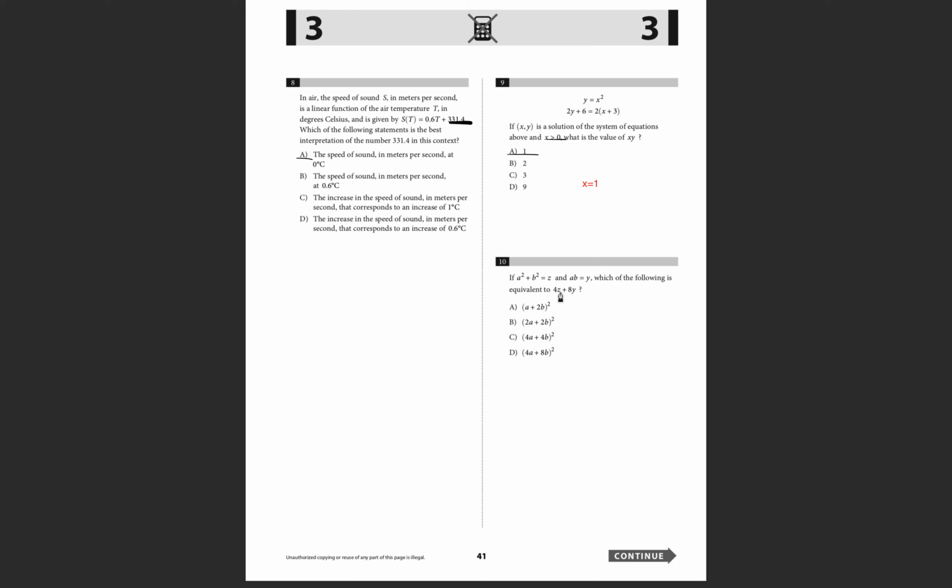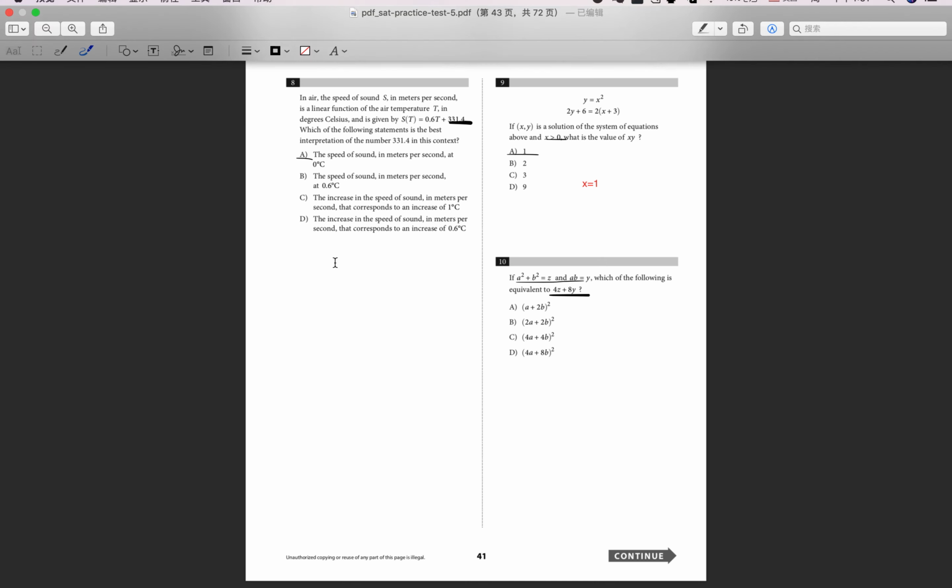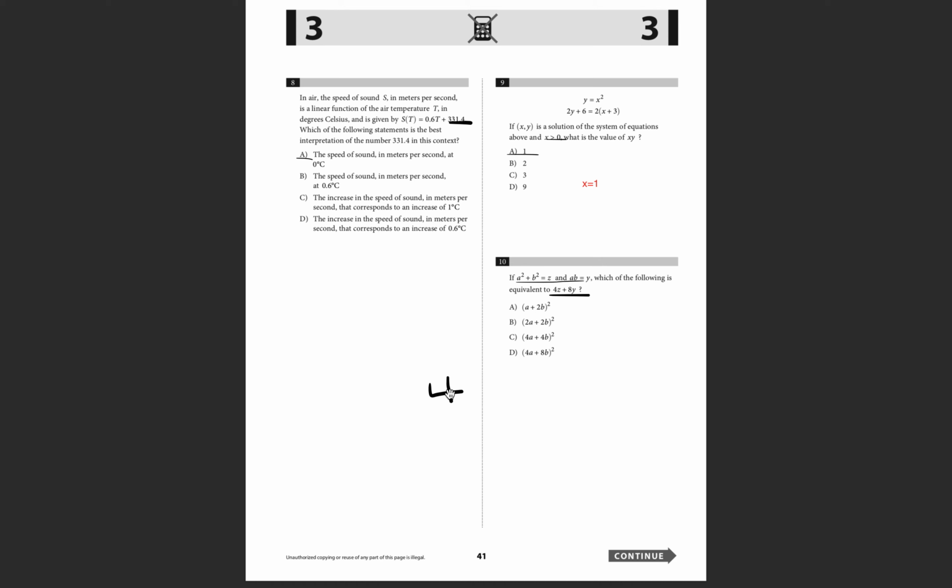So we just plug the first two equations into the last one, and we should get 4 times a squared plus 4 times b squared plus 8ab, and this is just a perfect square whose formula is a squared plus b squared plus 2ab equals a plus b, and the whole thing squared.